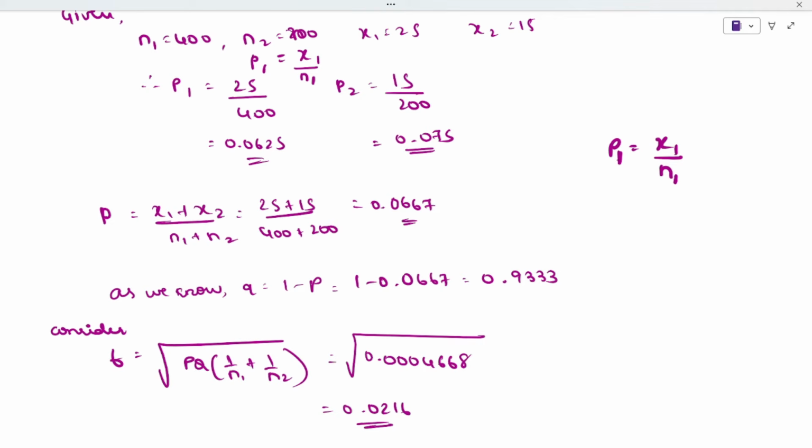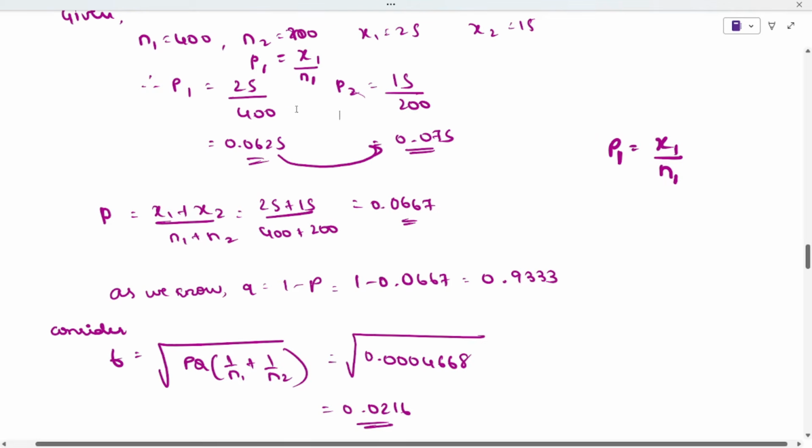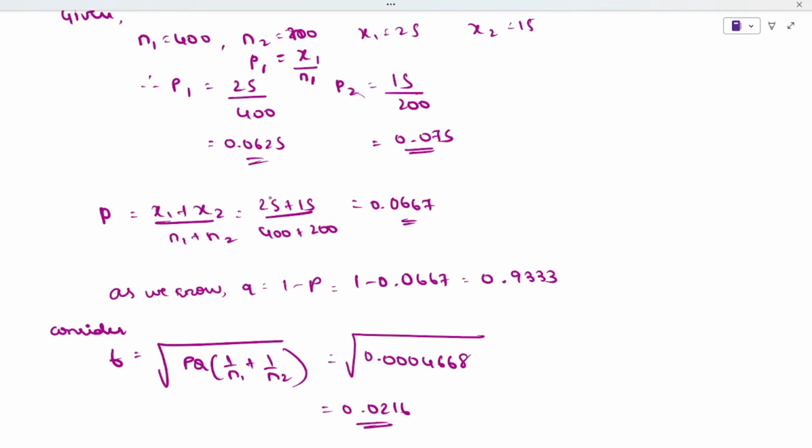If you want p, you must add x1 and x2 first and then divide by n1 plus n2. Adding 0.0625 plus 0.075 will not give the answer. First you have to add both and then divide. I hope you got the logic behind that. You have to add, then divide. If you divide first and then add, it is not possible.